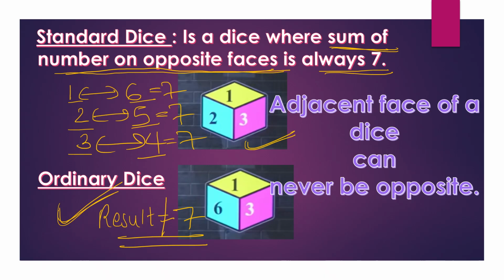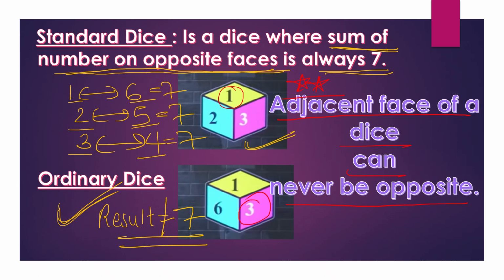Then the main thing you need to remember, which is very important, is that adjacent faces of a dice can never be opposite. In the questions, they will ask you to find the opposite: what is the opposite of 1, or what is the opposite of 3?